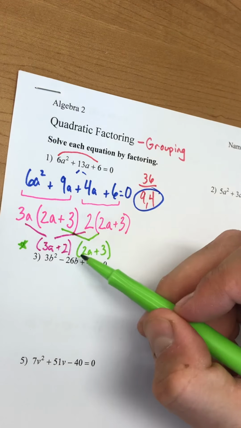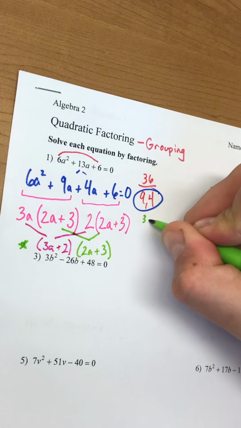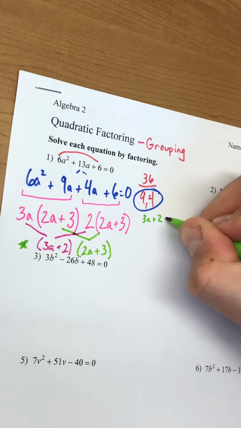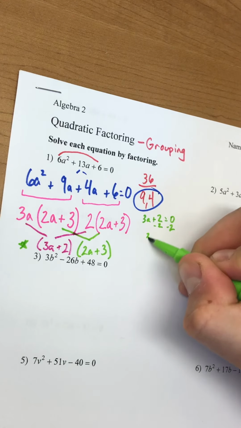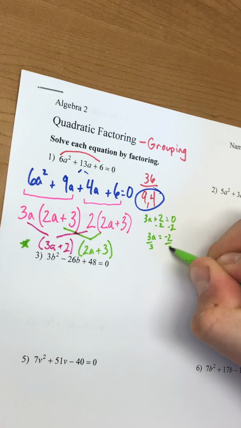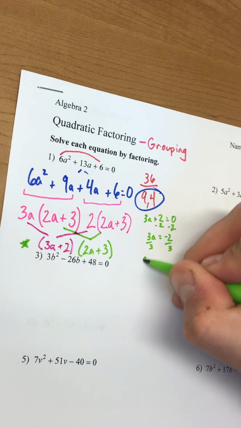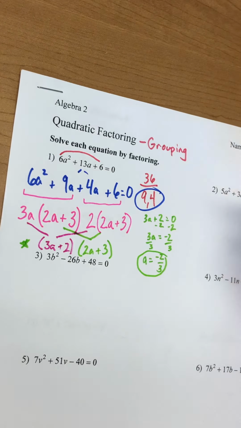Now what we need to do is solve for each of these, and we set them equal to 0. So I'm going to say 3a plus 2 equals 0. Minus 2, 3a equals negative 2, divided by 3, and I get a equals negative 2/3. That's one of my answers.